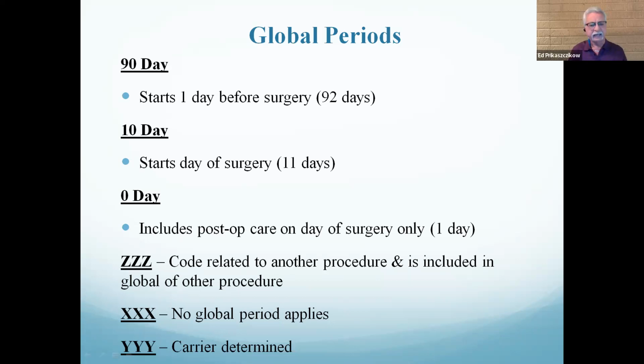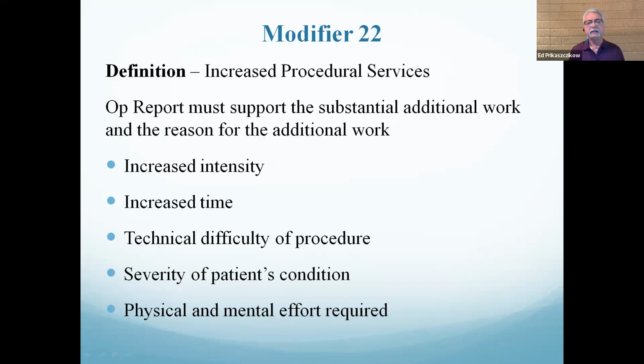This applies to things like X-rays or E&M codes. There's just no global to that. Not 0, no global. And there's a difference between the two because the 0 has global for that day of the procedure. And the YYY is carrier determined. Usually these are for the unlisted procedure codes, but there are other codes that do get involved in that category.